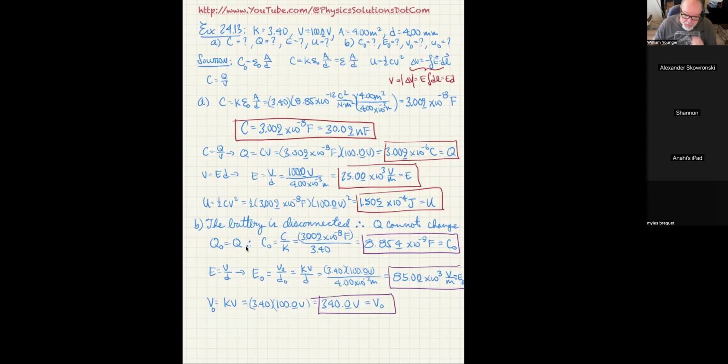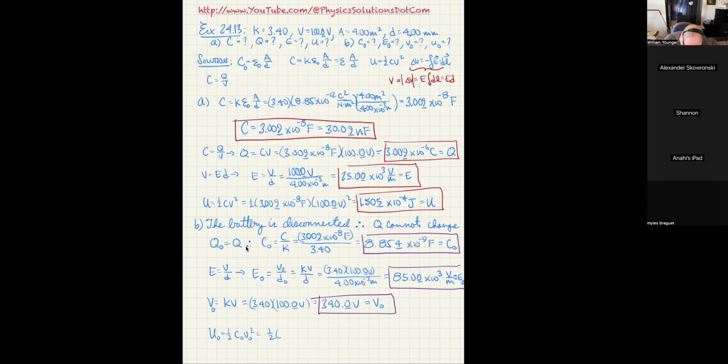All we're left with now is the U0, which is the energy stored. U0 is equal to 1 half C0 V0 squared. In this case, that's going to be 1 half times the C0 that we found first thing in here.